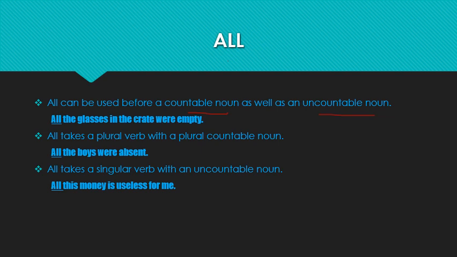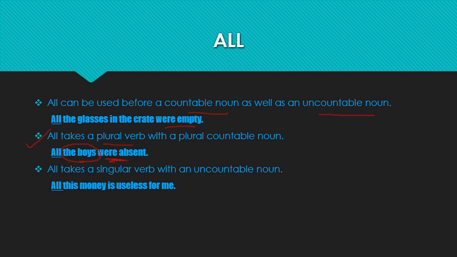All the glasses in the crate were empty. See, all is used with plural countable noun and it takes a plural verb. All the boys were absent. Whenever there is a plural countable noun, like in this case, the boys, in that case we use a plural verb.